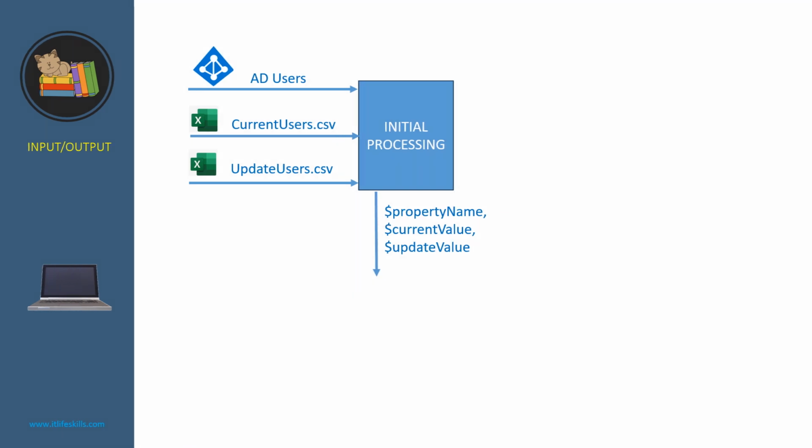The property name, the current value, and the update value are provided to the custom function update property. The custom function checks and only allows to update the property if the current value and the update value are different. For the manager property, it performs the conversion to check and update properly.